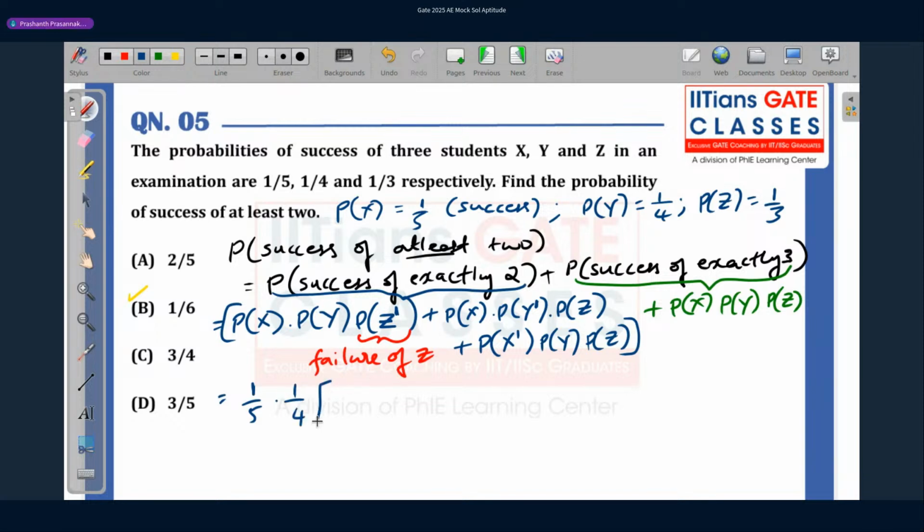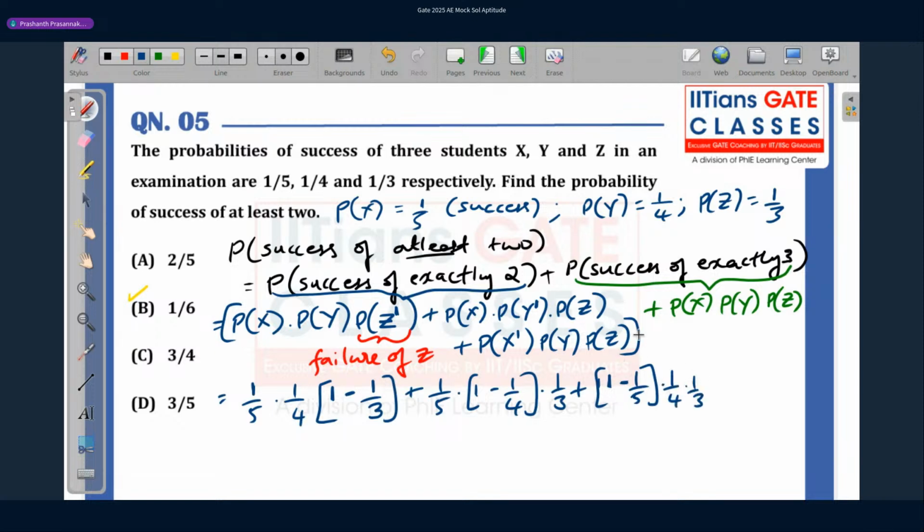And for failure of z, I simply take 1 minus the probability of success of z, which is 1 by 3. Next is 1 by 5 into 1 minus 1 by 4 into 1 by 3, plus 1 minus 1 by 5 into 1 by 4 into 1 by 3. One final term is success of all three. So 1 by 5 into 1 by 4 into 1 by 3.